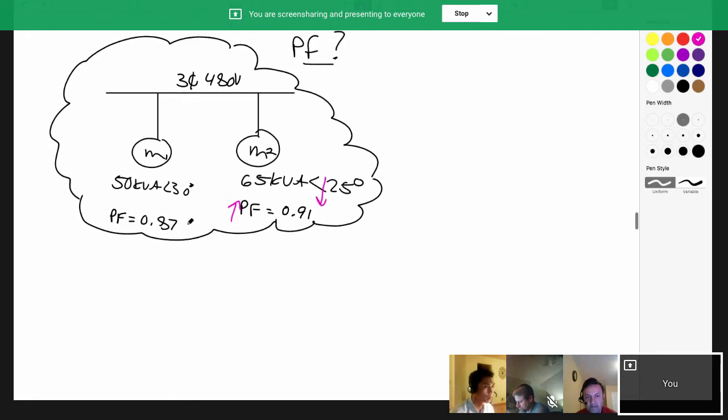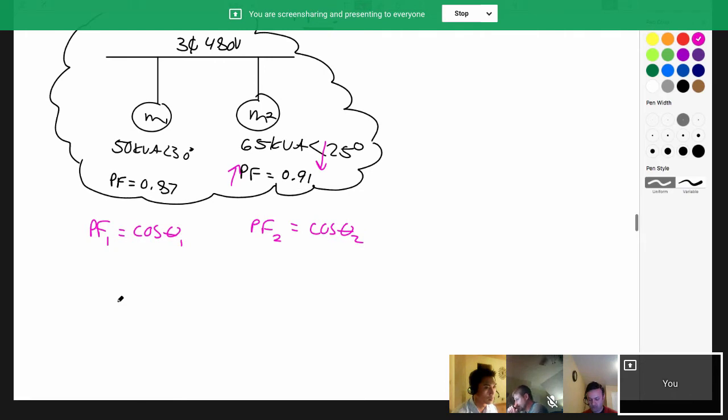So we found the power factor of each of these by doing what? The power factor of motor 1 was the cosine of theta 1, and the power factor of motor 2 was the cosine of theta 2, right? How about this? We've got one power triangle that looks like this.